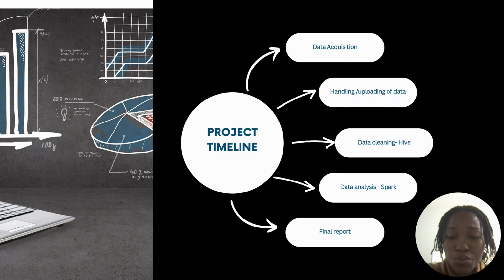As I mentioned, it was 2.3 gigabytes, so it's a very large data set. Then I went through the process of handling and uploading the data, which we did using the Google console. I uploaded that data, and then I used the data cleaning process on Hive, data analysis using Spark, and I also created my final report where I bring everything together in regards to my analysis.